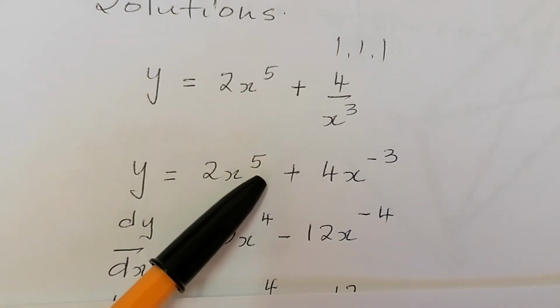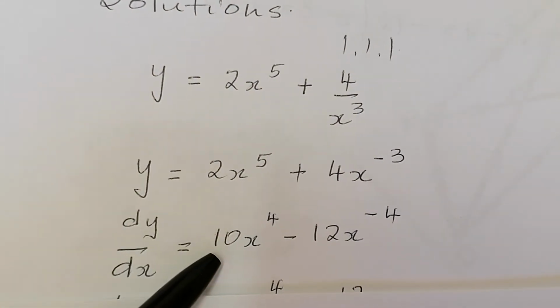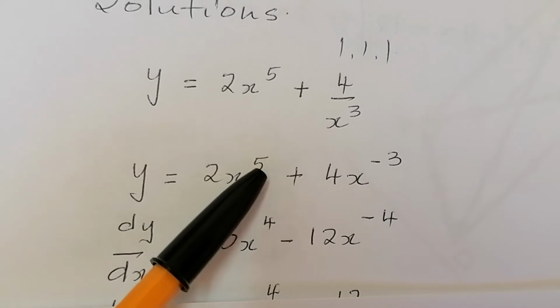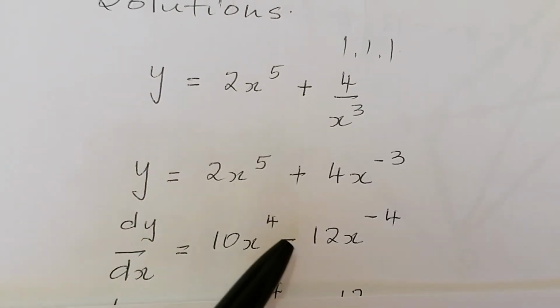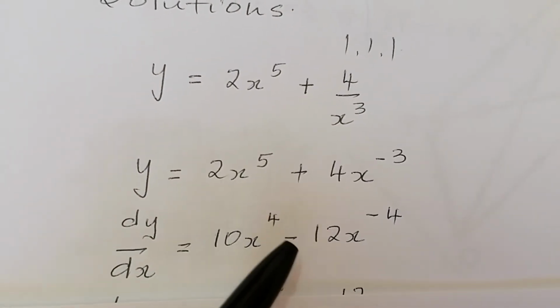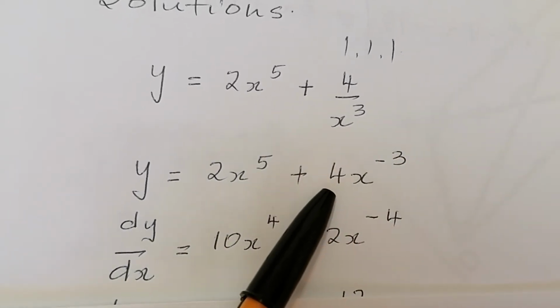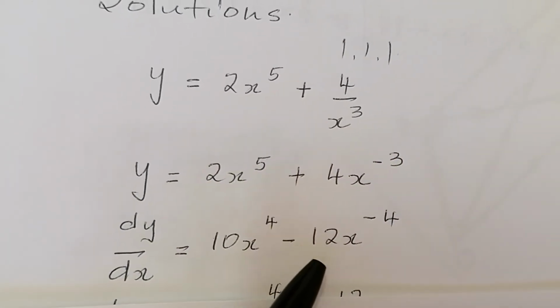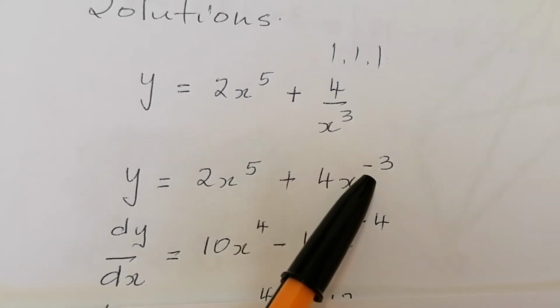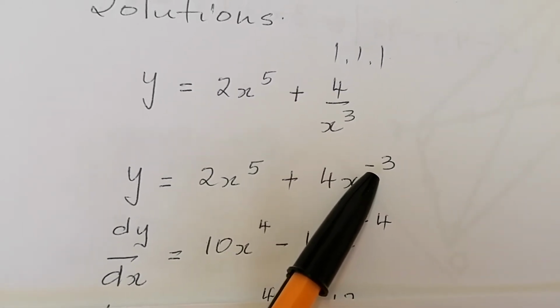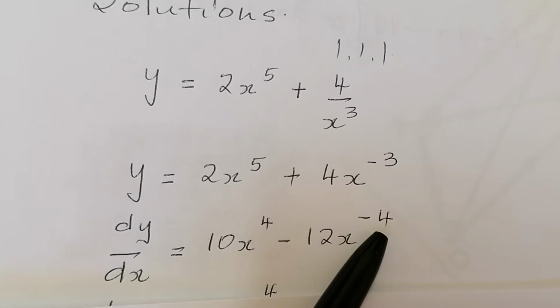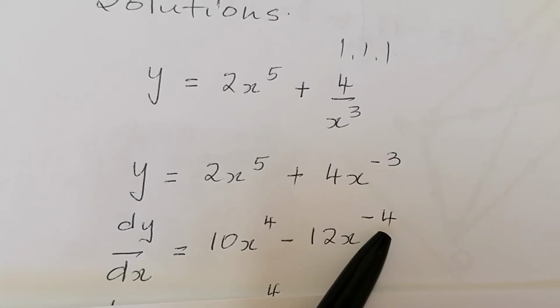I multiply 5 by 2, which is 10. I subtract 1 from 5, which is 4. I multiply negative 3 by positive 4, which is minus 12. I subtract 1 from minus 3, which is minus 4.